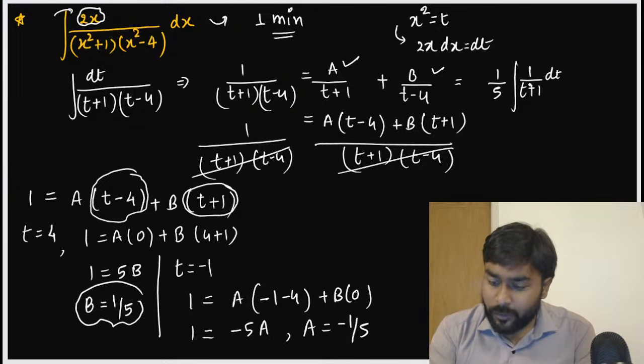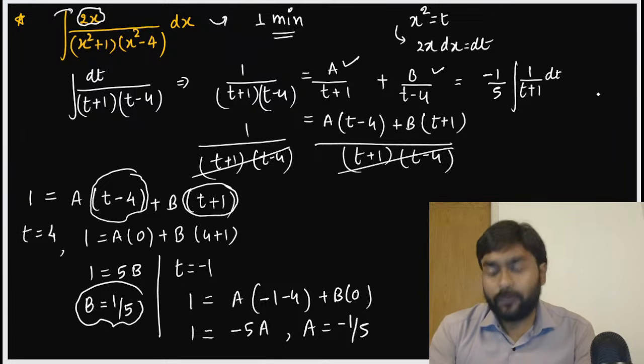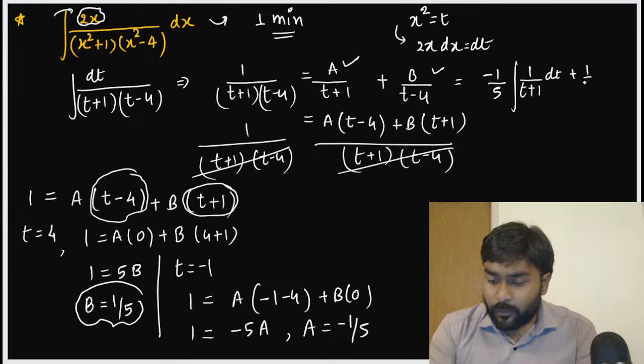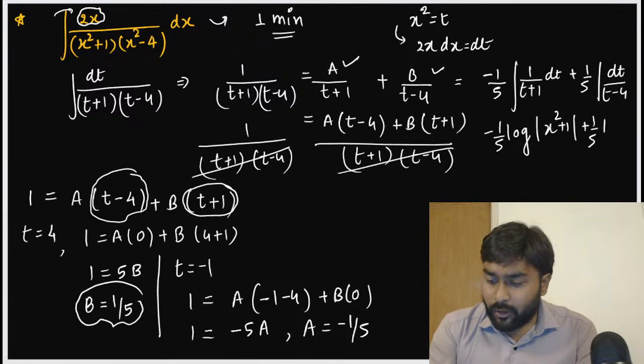A is minus 1 by 5 and B is plus 1 by 5, so plus 1 by 5 dt by t minus 4. This you can write. So here the integration is minus 1 by 5 log of t plus 1. The value of t is what? x square. So x square plus 1 by 5 log of x square minus 4. This you can write, plus c.